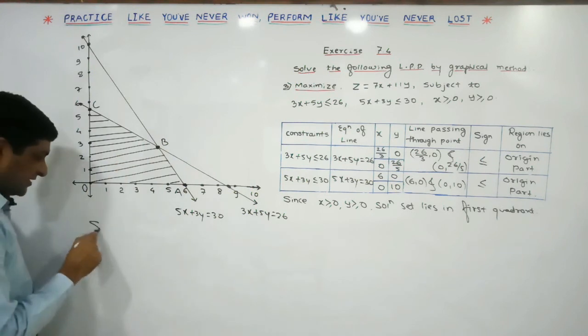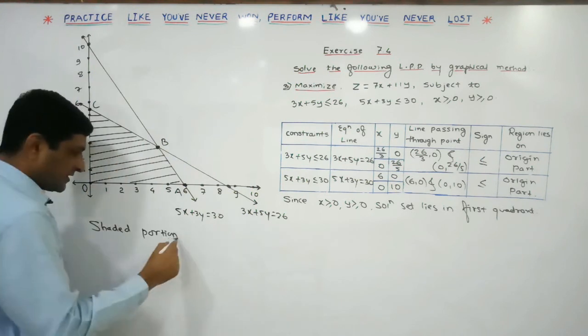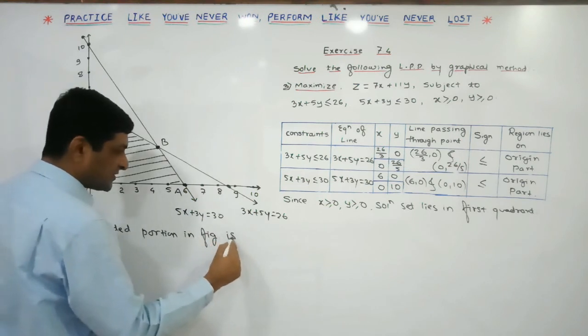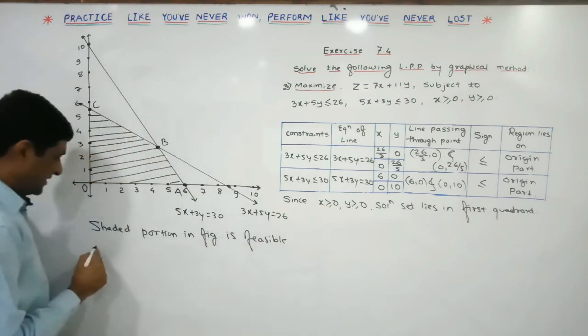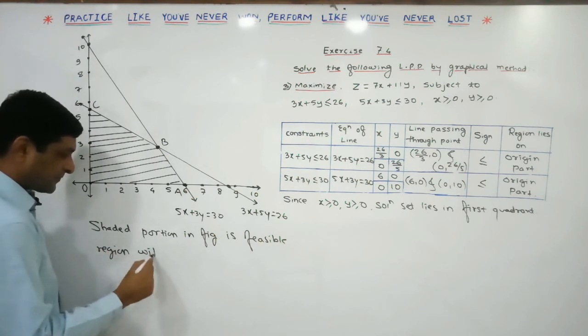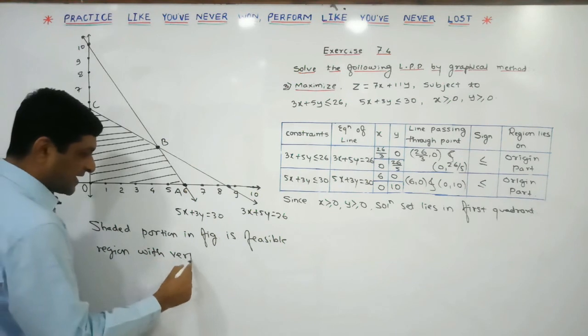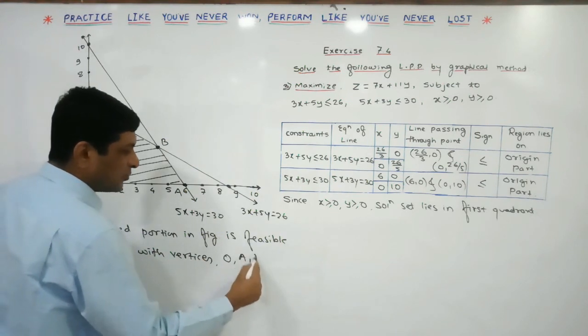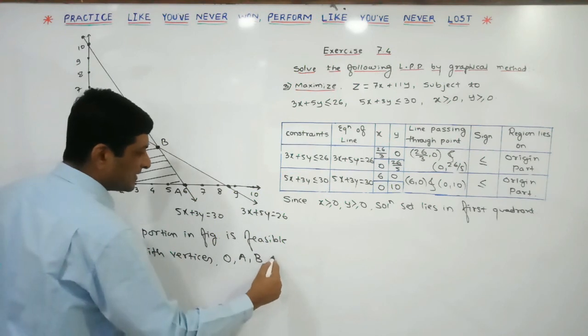Feasible region. So the shaded portion in the figure is the feasible region with vertices we have denoted by O, A, B, C.